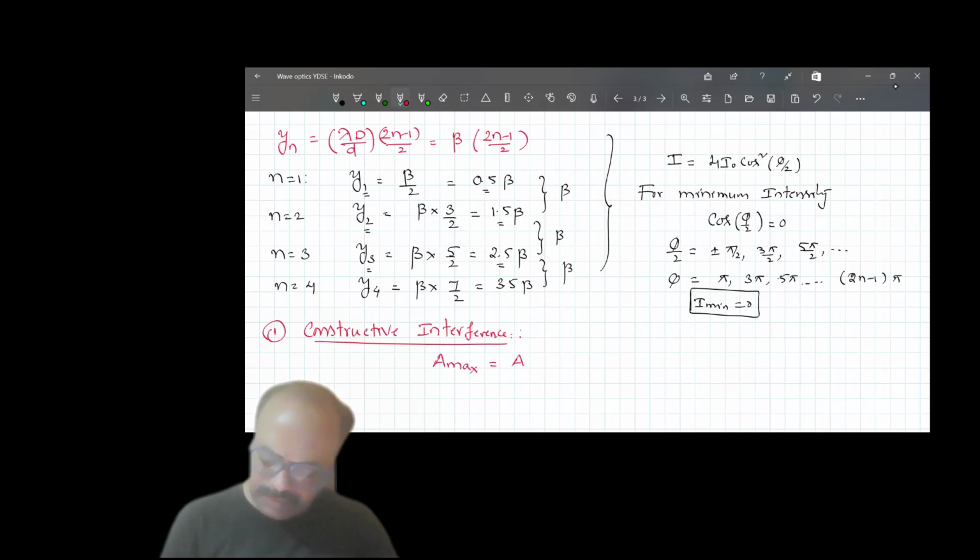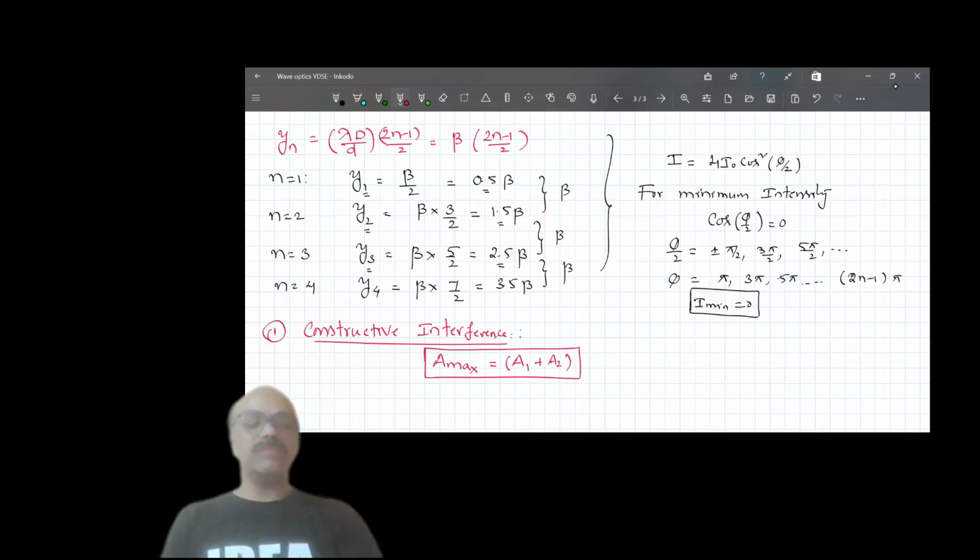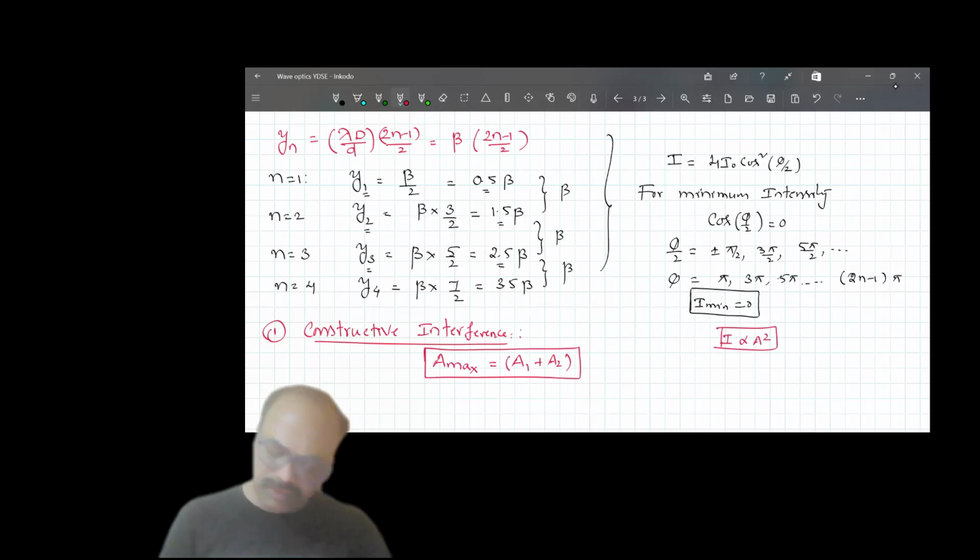A max we can write A1 plus A2. Maximum intensity. And we know the relation between amplitude and intensity. Intensity is directly proportional to the amplitude square. We can use that condition, so we can write I max equals root I1 plus root I2 whole square.